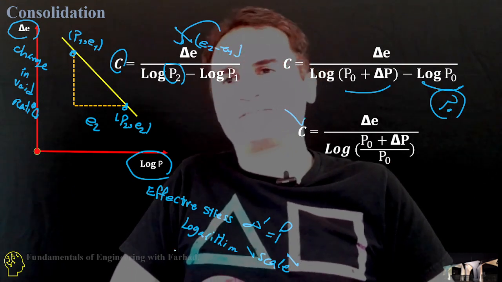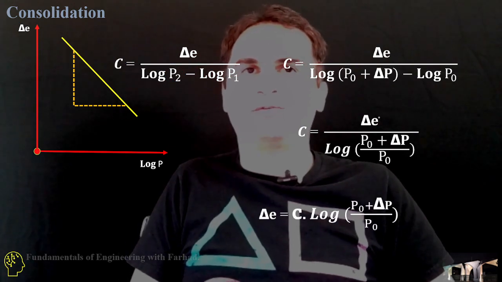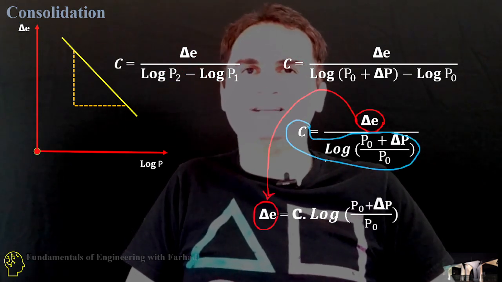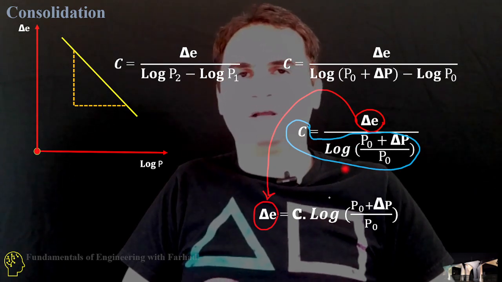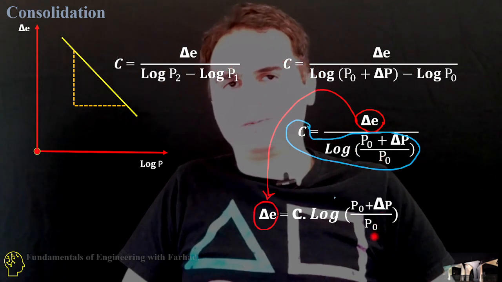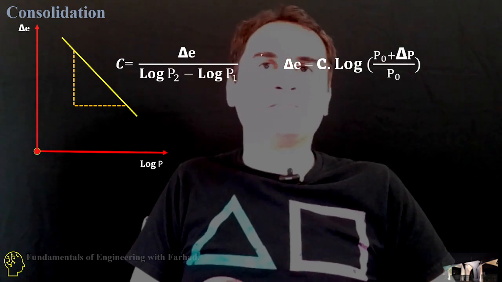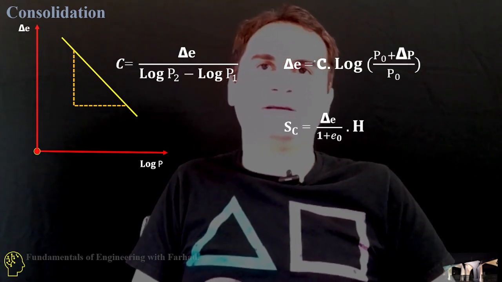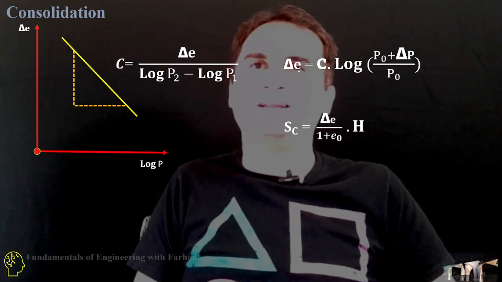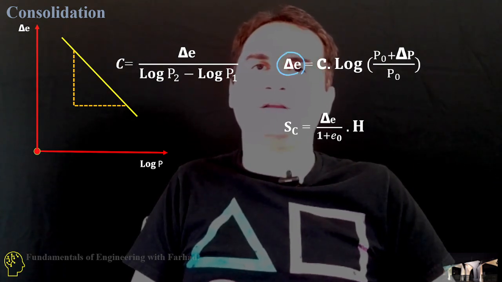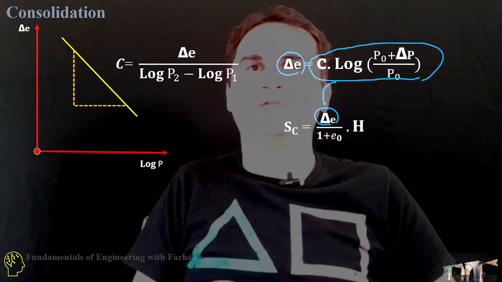And then as soon as we have this part, we can replace it: delta e is C, the coefficient, times log of P naught plus delta P over P naught. So then we know this one and can replace delta e in the equation of settlement.